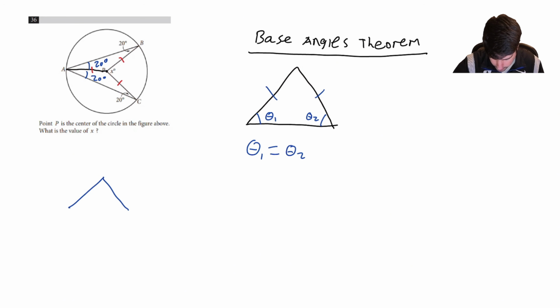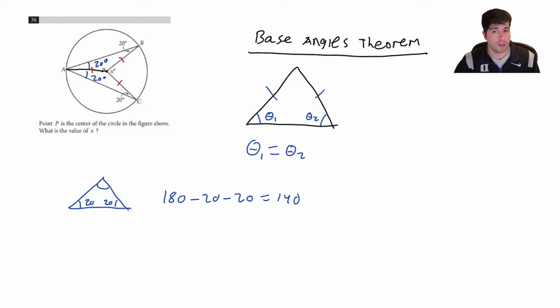So we have these two triangles, 20 degrees, 20 degrees, and since we know that both of these angles are 20 degrees, and we know that the angles in a triangle sum up to 180, we know that this last angle must be equal to 180 minus 20 minus 20, so it's equal to 140, right?